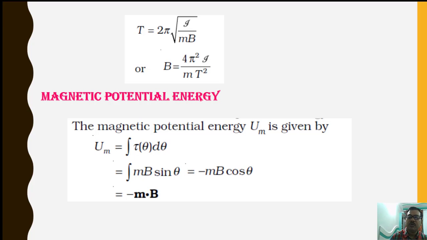Next, magnetic potential energy, similar to electric potential energy. We studied in chapter number 2. The method of calculation is the same. The magnetic potential energy Um is given by the integral of tau d theta. We substitute the value of tau equal to mB sin theta. On integration we get minus mB cos theta, or this can be written as a scalar product of minus m vector dot B vector.